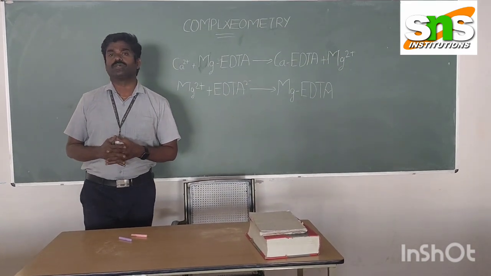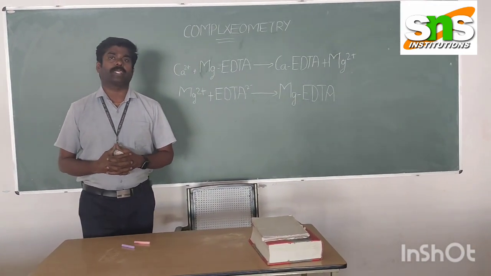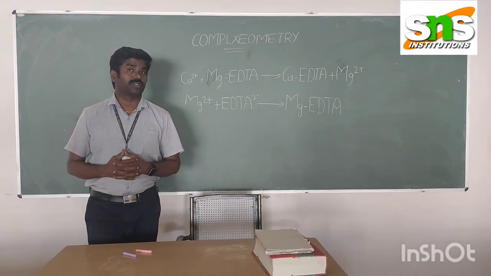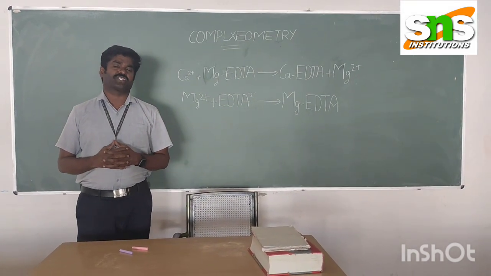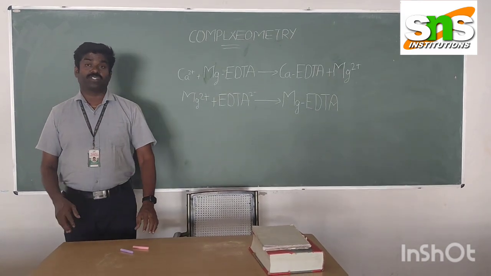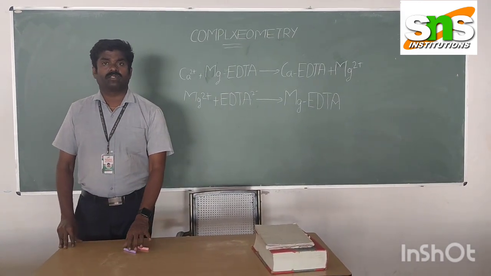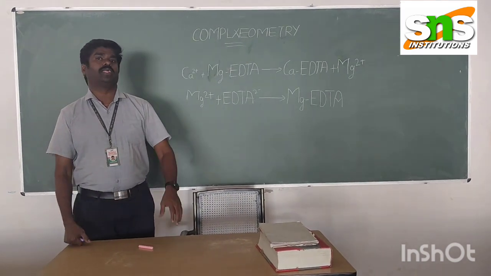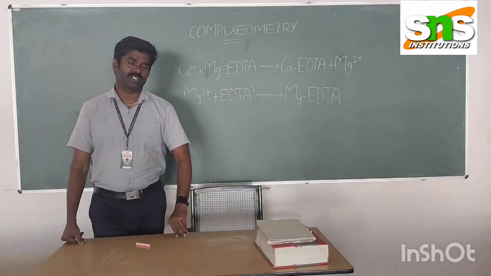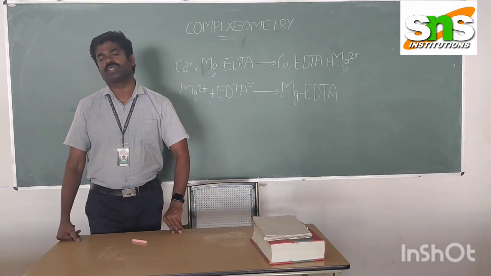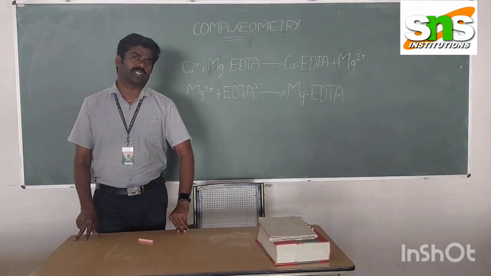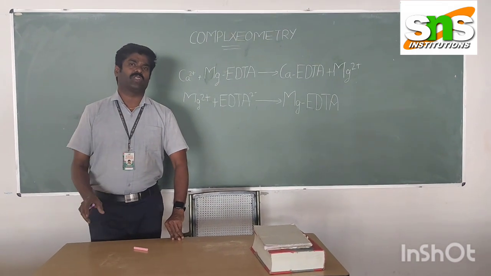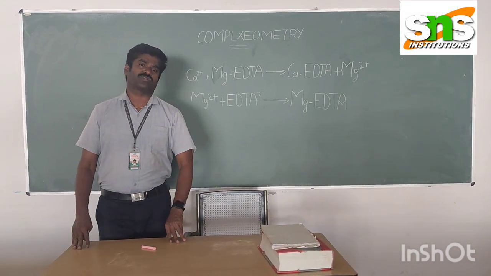This technique we use for complexometric titration. The complexometric technique is one of the types under volumetric analysis. We use it specifically for estimation or identification of metal salts. If you want to estimate any metallic salt like magnesium sulfate or calcium carbonate, we use this complexometric technique.